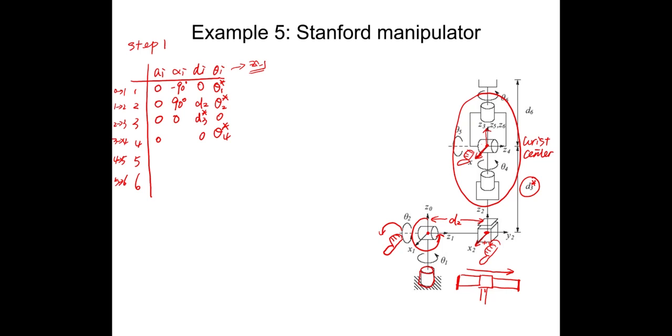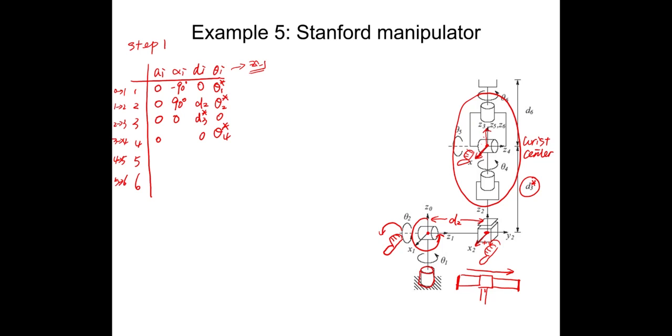Alpha_i means we point to x4 and consider the rotation from z3 to z4.